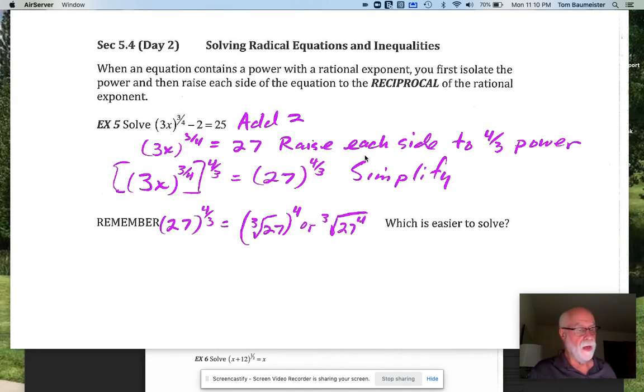So again, you just have to kind of ask yourself which is easier to solve. In this case, it's going to be this one here because we know that the cube root of 27 is equal to 3. So since that's the case, then we'll have 3 raised to the 4th power.